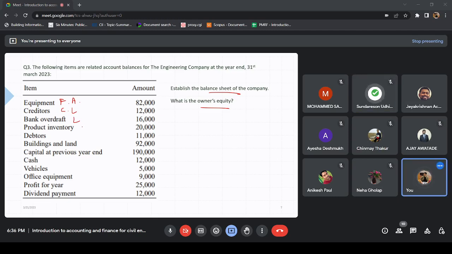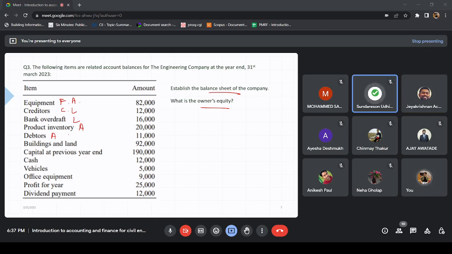Okay, next. What about product inventory? It should be an asset. Yes, product inventory is an asset. Debtors, again an asset.